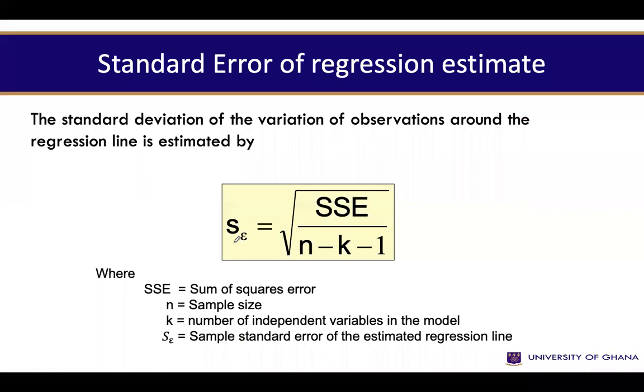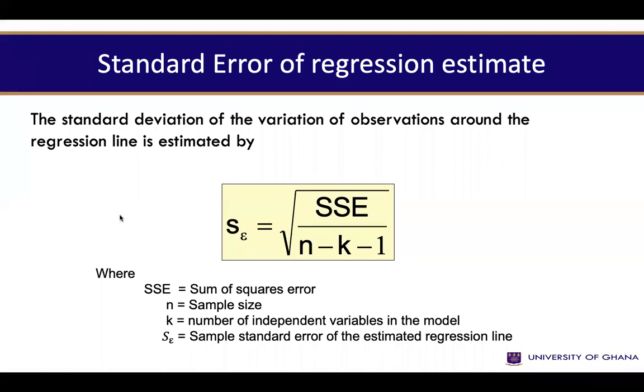Okay, so we are also going to look at one or two things. Another thing that we can measure is the standard deviation of the variation of the errors, which we term the standard error of regression. The standard error of the regression is determined by the square root of the SSE, which we can calculate.